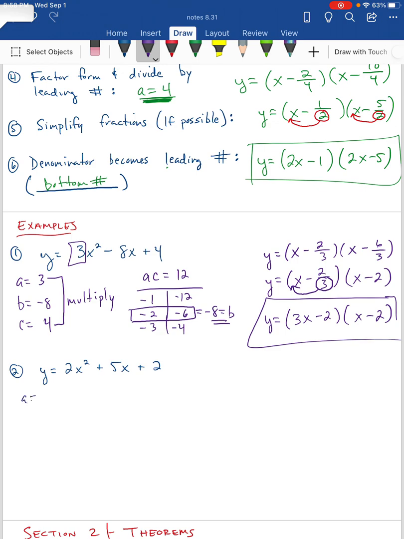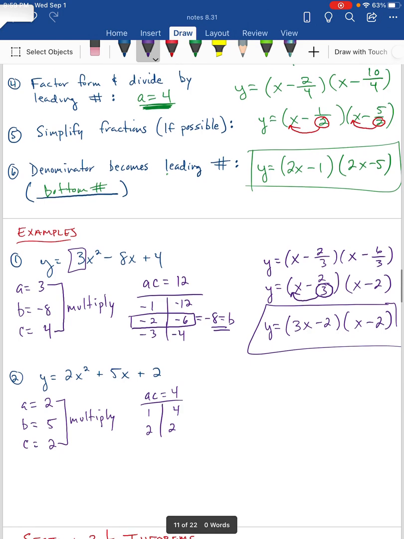All right, so identifying A, B, and C here. My A is 2, B is 5, C is 2. I'm going to go ahead and multiply my A and C. So 2 times 2 will give me 4. Factors of 4 are 1 and 4 and 2 and 2.